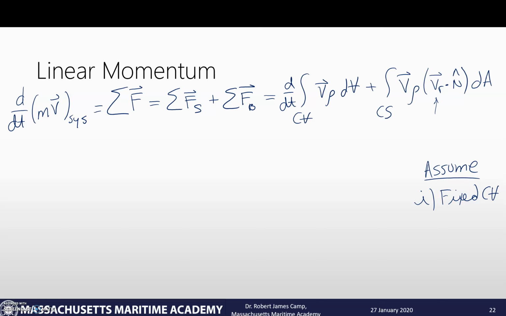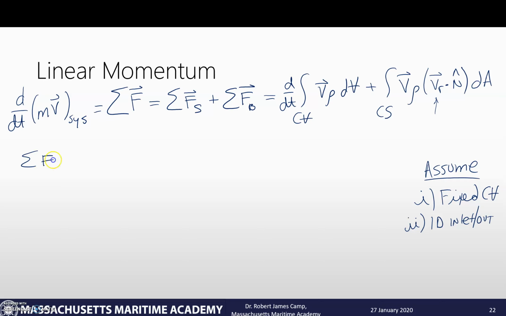Because the relative velocity would be the difference between the velocity that the CV is moving and the velocity that the fluid is coming into or out of the control volume. And we'll tie that to our one-dimensional inlets and outlets. So we make those two assumptions, and what do we end up getting?